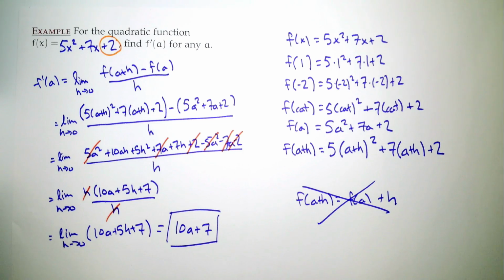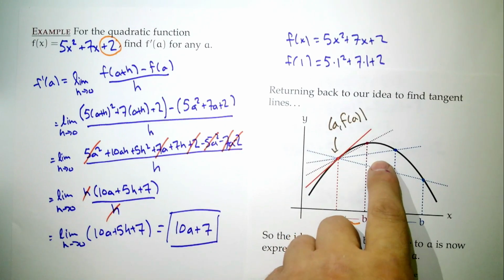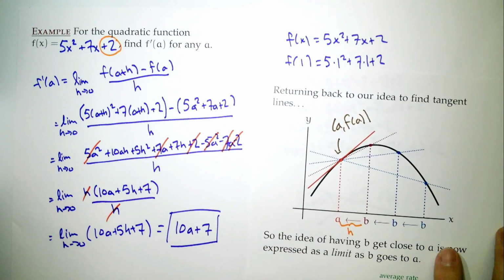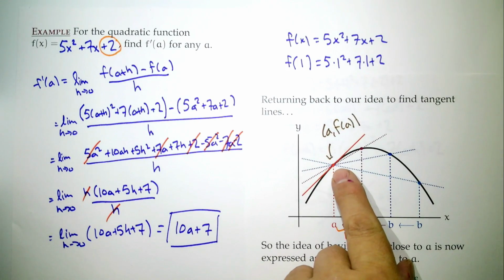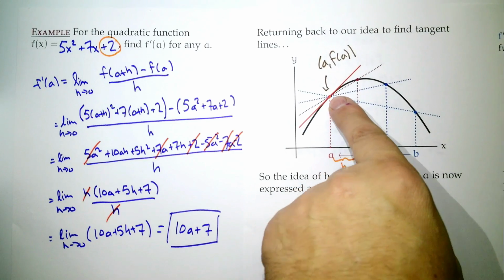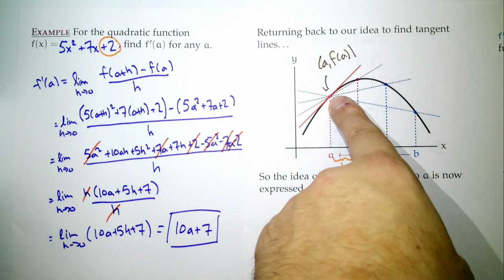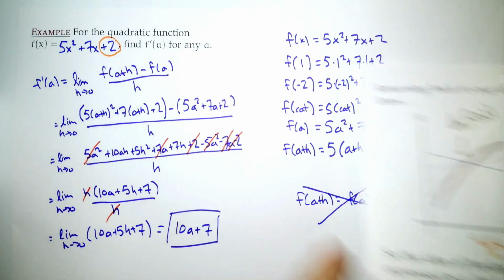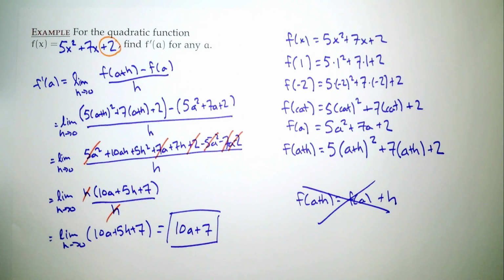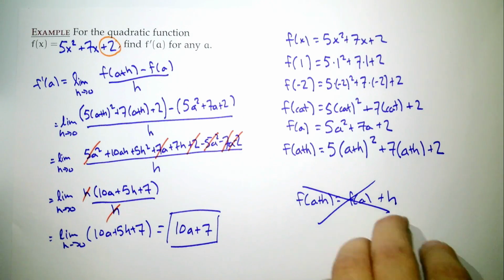If we were to graph our function, the plus 2 shifts it up. But if I have a slope of my tangent line and I shift it up, what happens to the slope? It doesn't change, right? It remains the same. So there are things that won't affect the derivative, and one of them is adding a constant.